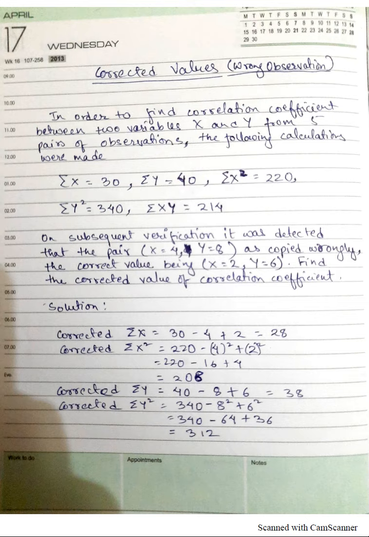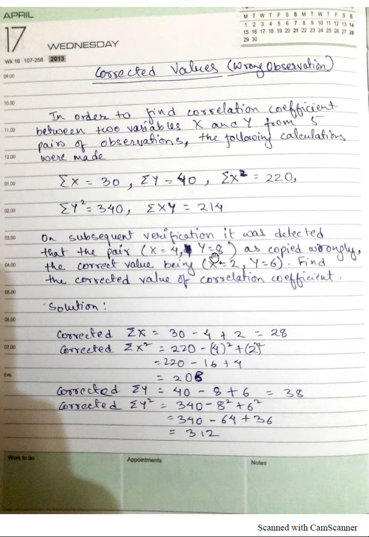So, on subsequent verification, it was detected that one pair of data, that is one pair of x and y, was copied wrongly during calculation as x is equal to 4 and y is equal to 8.